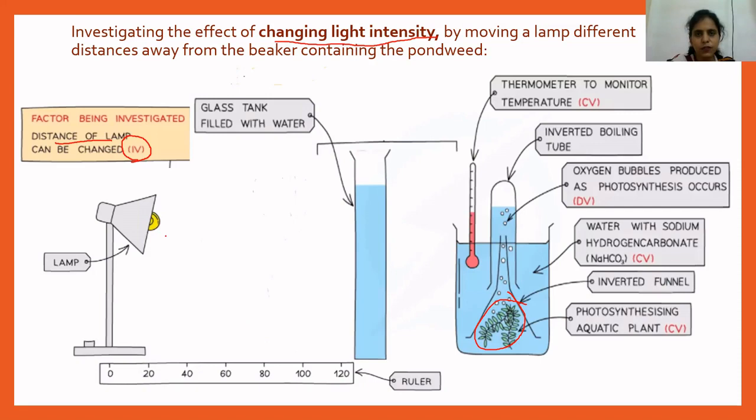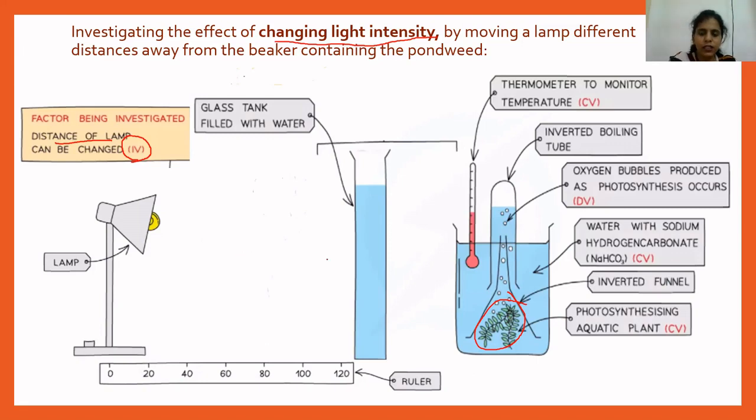And you have studied in physics, in the heating effects of electric current, that whenever electric current passes through a conductor or a simple metal, because of the resistance of the metal, it always produces heat. So this table lamp along with light is also producing heat. This heat should not increase the temperature of the water present in the beaker around this water plant.